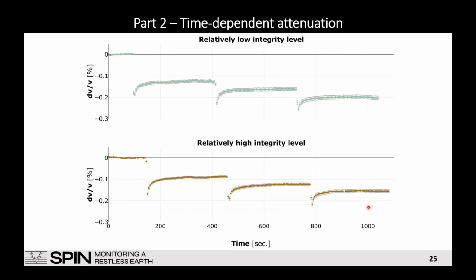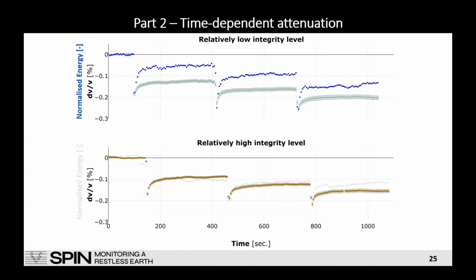What is interesting here is that if we analyze the energy content of the waves, we have pretty much a similar shape in terms of relaxation process for low integrity and high integrity. What this plot suggests is that the slow dynamic process that happens in concrete is not only the result of changes in the elastic properties, but also changes in dissipative processes.